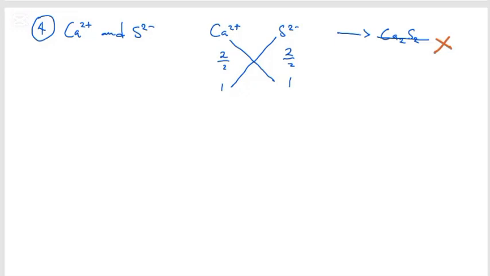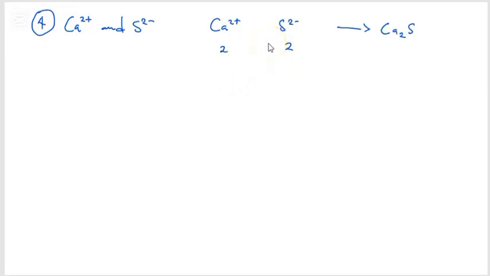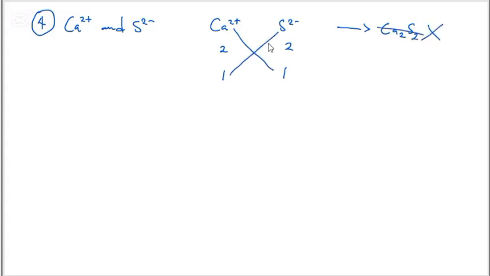So basically what will be formed is CaS. Okay, so as I was saying, what you finally get is calcium sulfide.